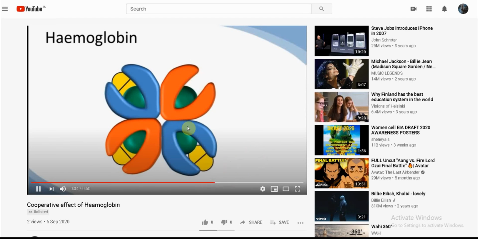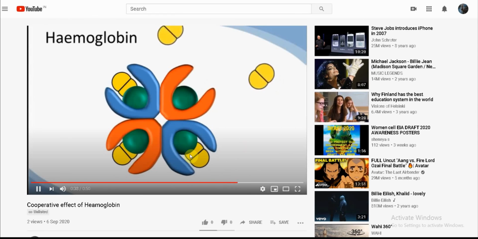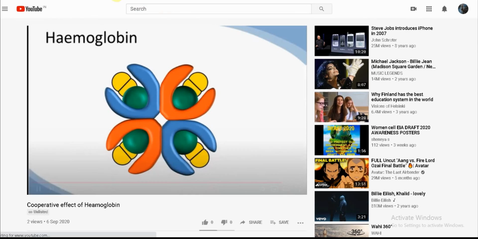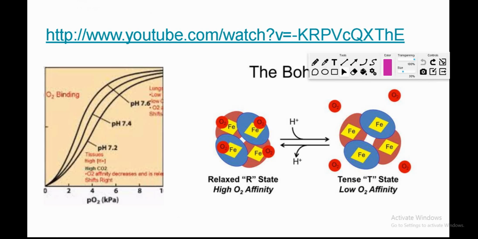Again, some conformational changes will take place and it will be much easier for the 3rd one to take up. Then again, it will be very easy for the 4th one to take up the oxygen molecule, and that's what we call the cooperativity effect.